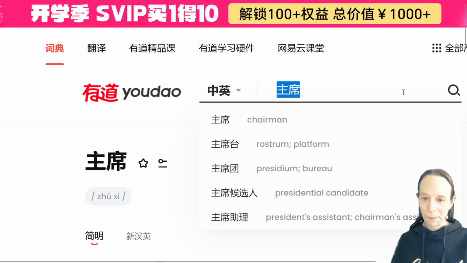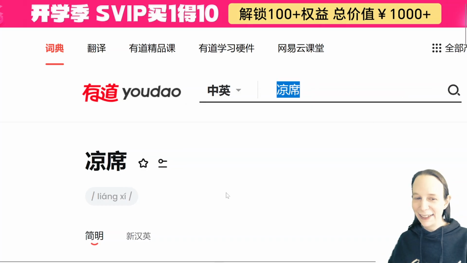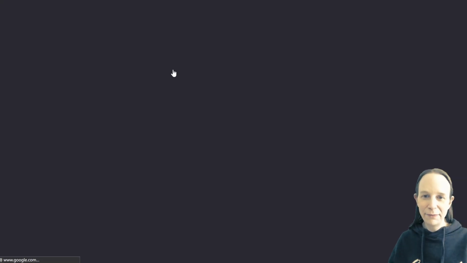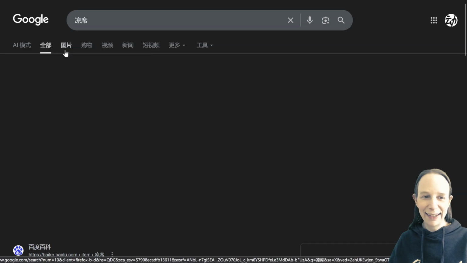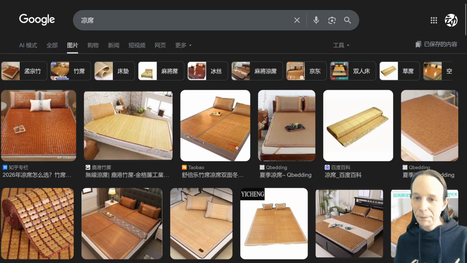Are there any others? The other one you kind of need to know is 凉席. It's not really related, but maybe I'll just show you an image. I don't know why it's this character, but it is. This is 凉席.